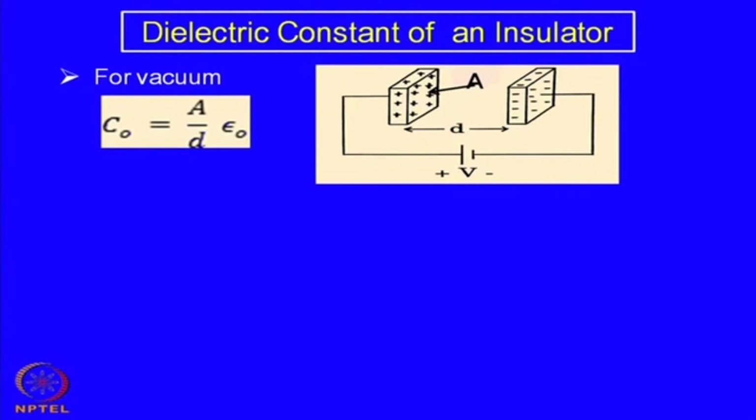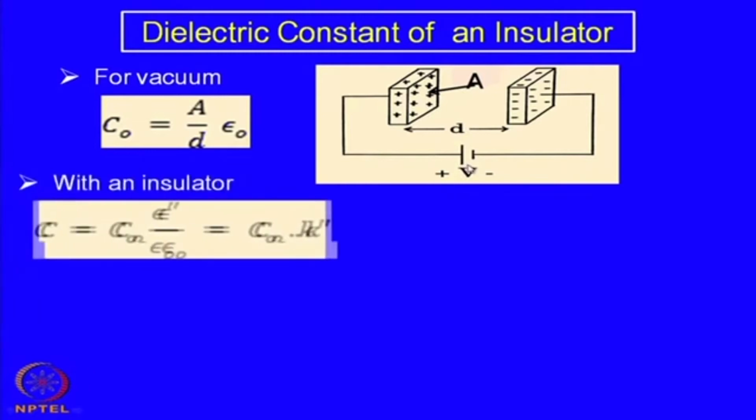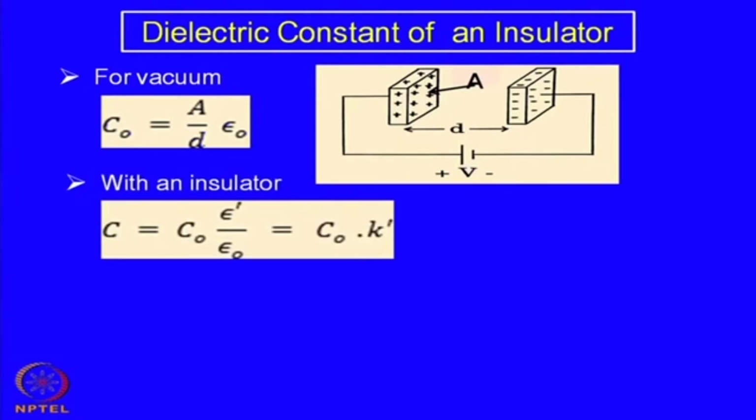If you have a vacuum, then vacuum has some kind of insulating property, and that dielectric property is characterized by epsilon 0, which is known as the permittivity of free space. Okay. It is a constant, and we will come across this particular term repeatedly during our discussion.